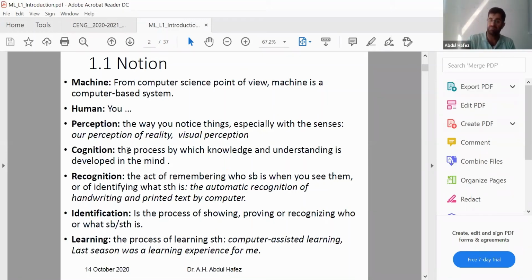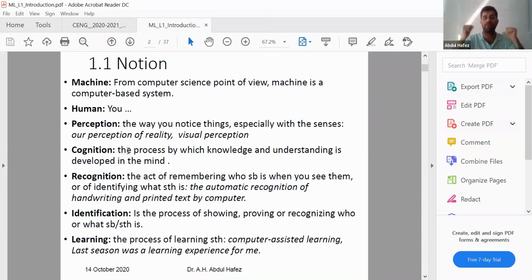Now, next time, when I see some new apple, I see that the object has a shape similar to the apple shape. It has a color similar to the apple's color. It has some other similar properties. Then, oh, this is an apple. This process is recognition. I already know something.